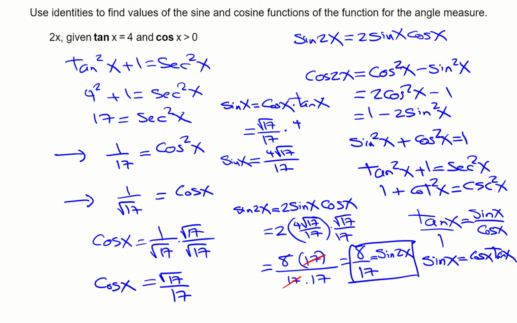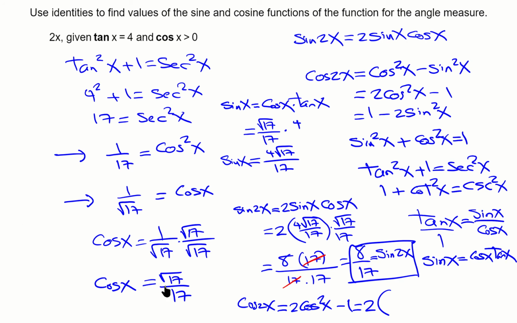All right, so the last thing we need to find is the cosine of 2x. We actually have enough information to use any of those three forms, right? So I'm just going to go with the second one. That seems to be a fairly easy one to use. So cosine of 2x is going to be 2 cosine squared x minus 1. I'm going to use this form. That's the simplest form to square.